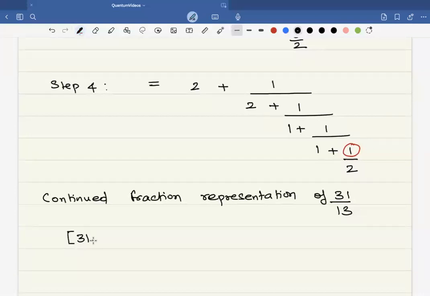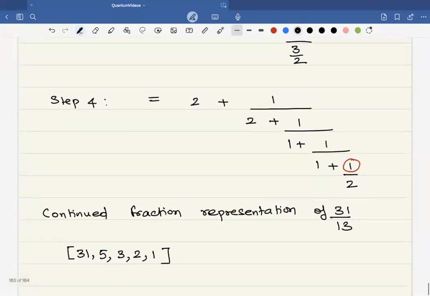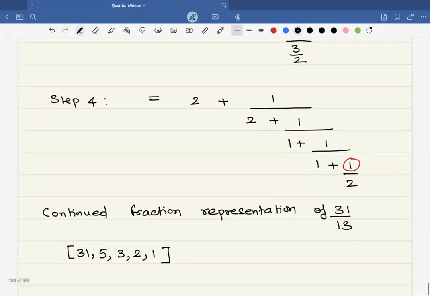So 31, 5, 3, 2, and 1. Right? So I can take this and so sorry, I apologize.